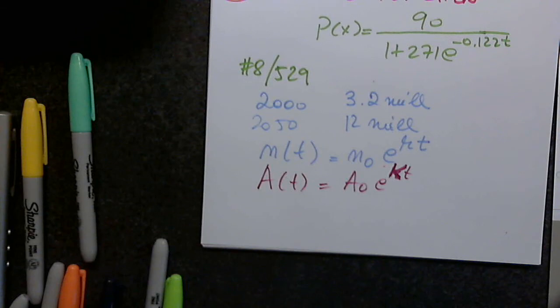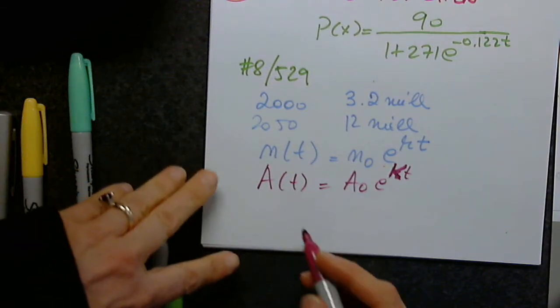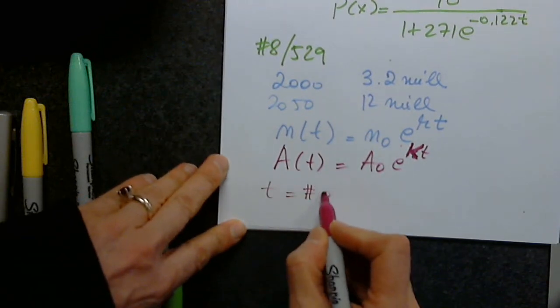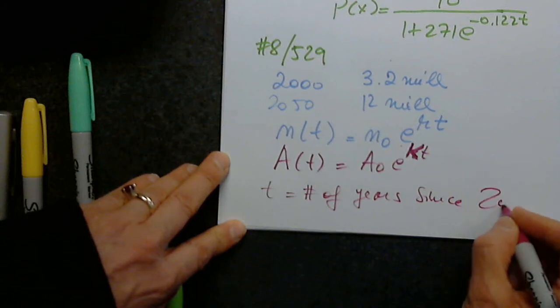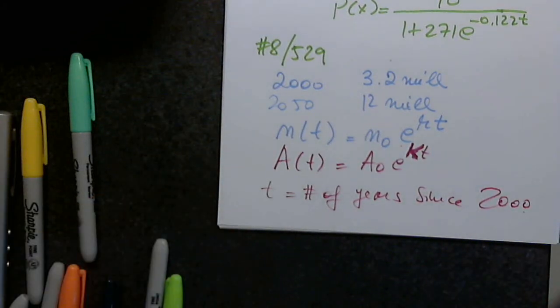Okay, so first question. T is the number of years since year 2000.